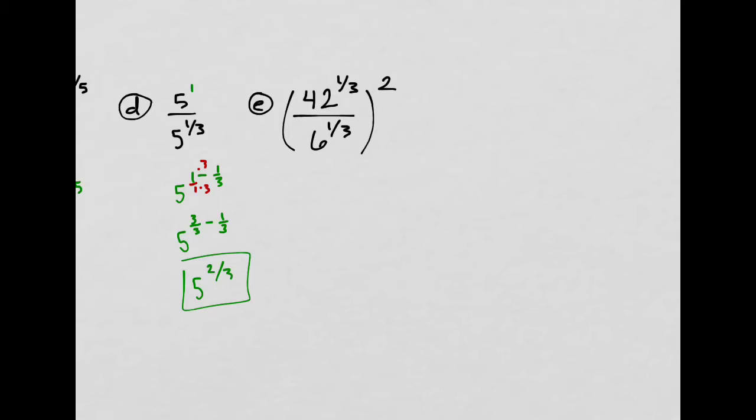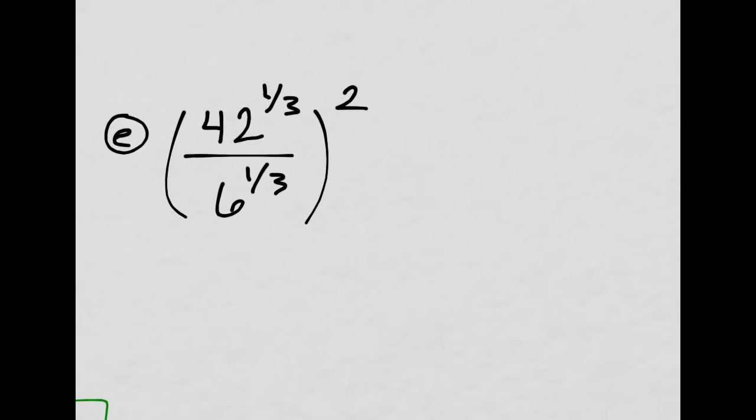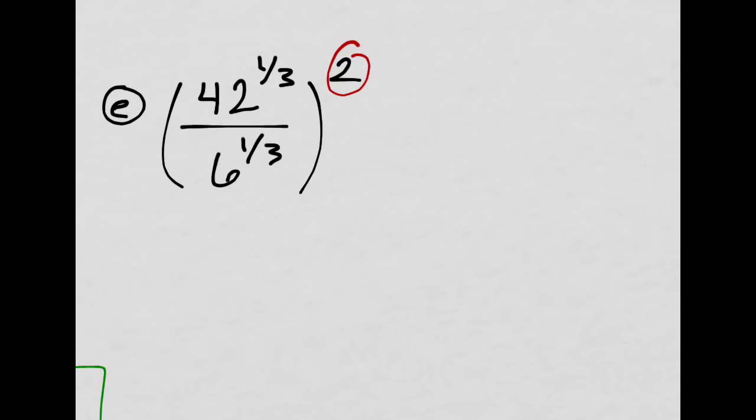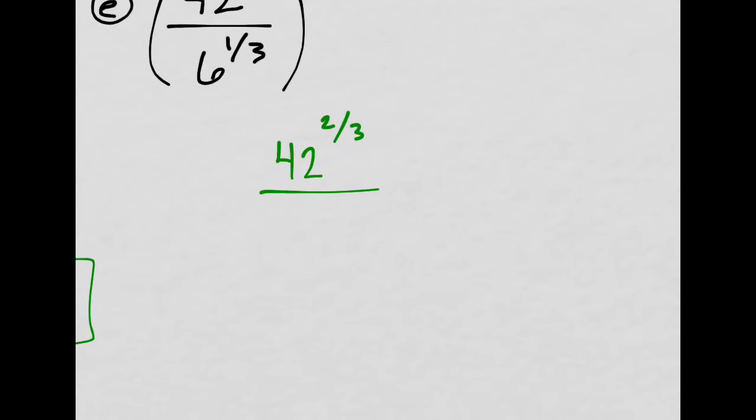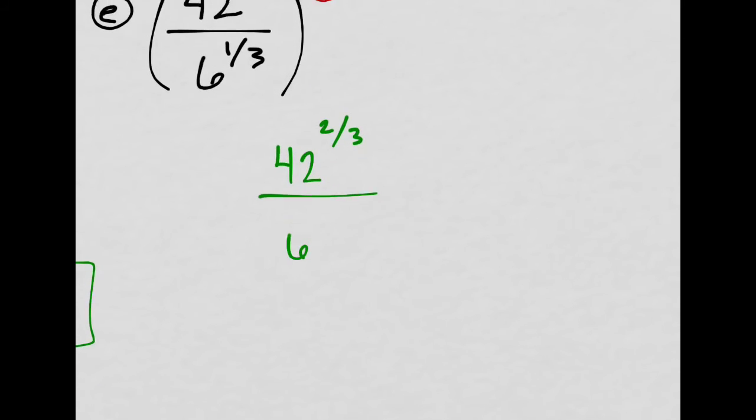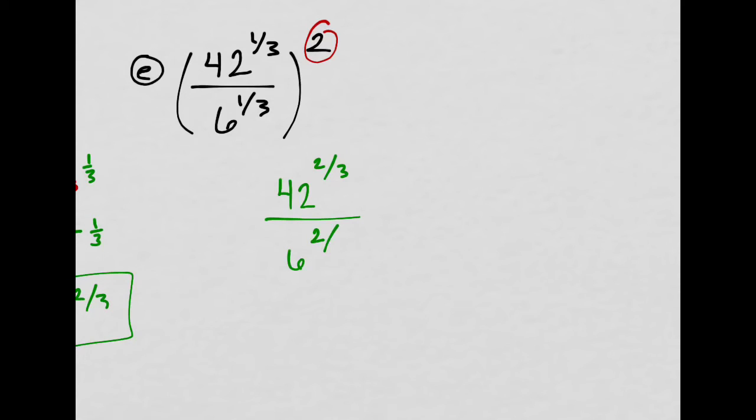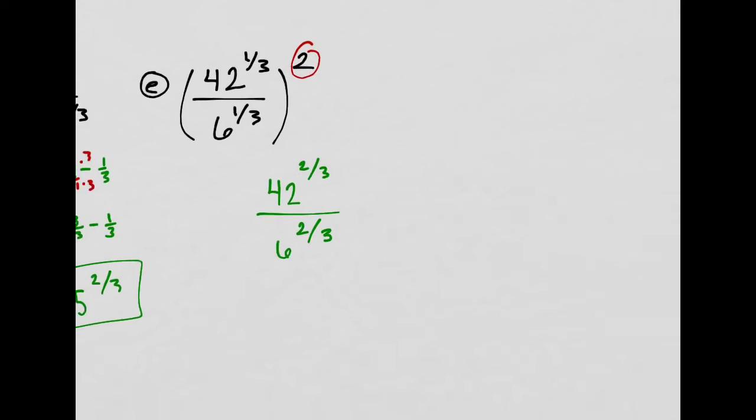Okay. Well, we were doing this in class, and I think the first thing that people think of is move this exponent inside, so multiply. So that's fine. Let's do that. I like that idea. So we have 42 raised to the 2/3 divided by 6 raised to the 2/3 again.